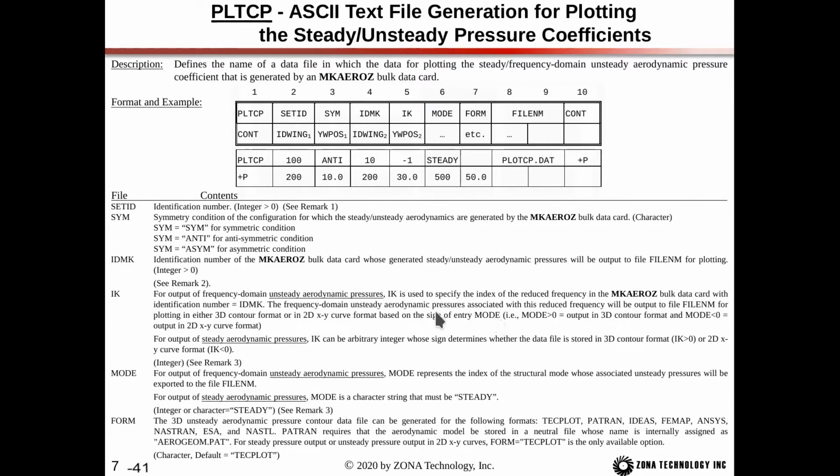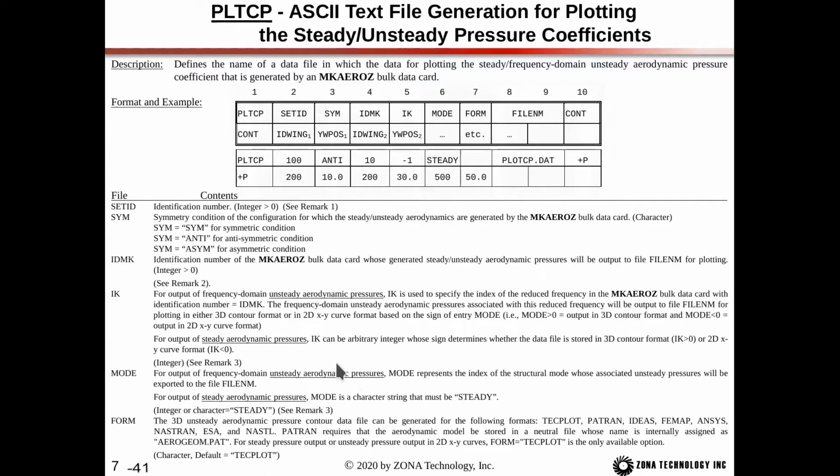So when mode here is greater than 0, then we output the 3D contour plot, and when mode is less than 0, then we use the 2D XY curve format. Now for the steady aerodynamic pressures, IK is an arbitrary integer, and when IK is greater than 0, then we use the 3D contour format, and when IK is less than 0, then we use the 2D XY curve format.